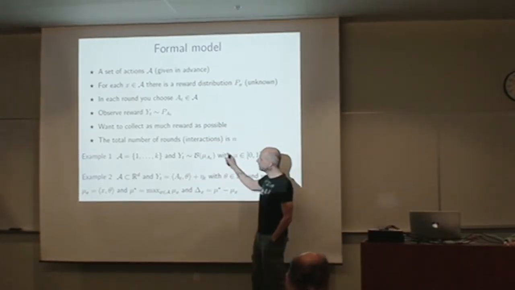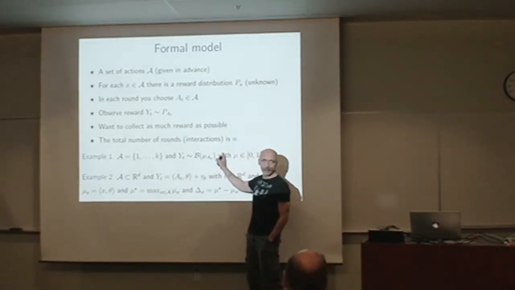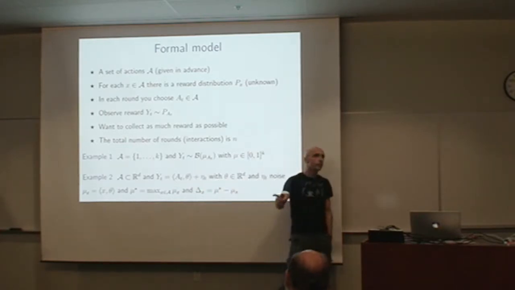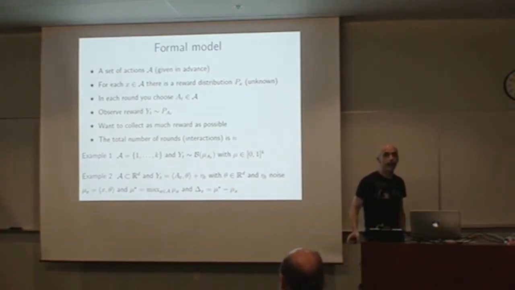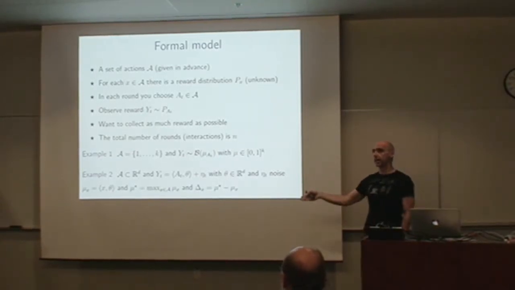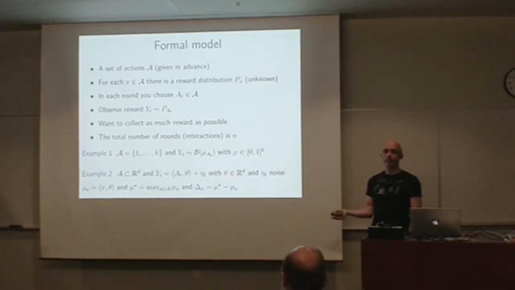What is the difference between these two settings? Here, if you pull an arm, you're only learning about the underlying distribution. Here you are learning about the shared parameter. So you're learning about the payoffs of the other arms as well. You can generalize from one arm to the next arm by using the prior information that you have about the structure of the problem.